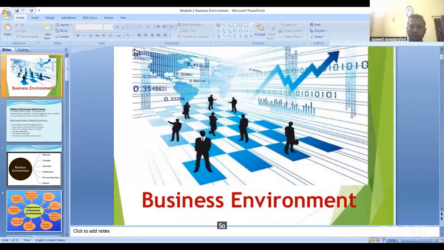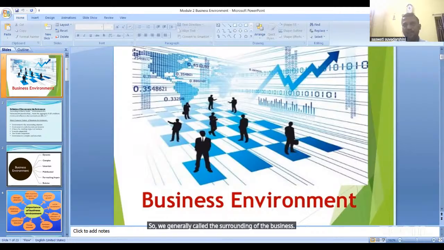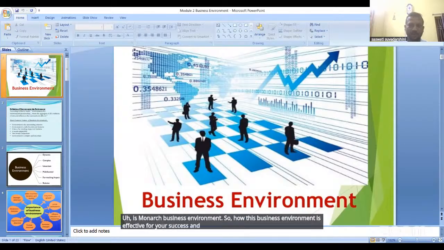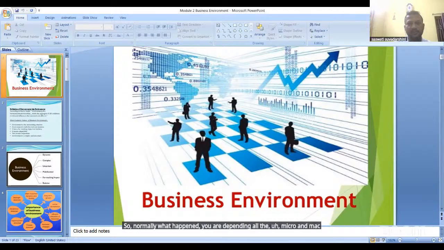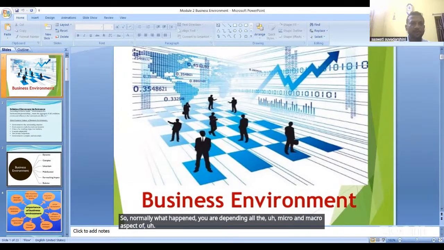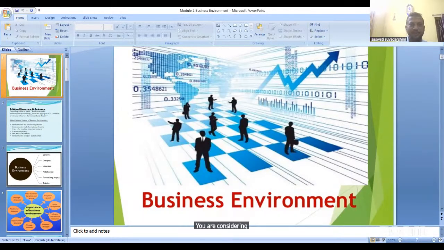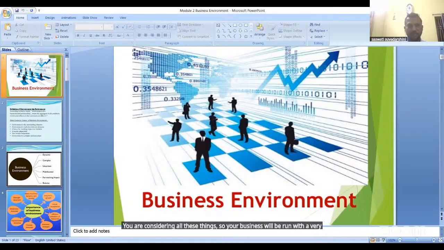We generally call the surrounding of the business the business environment. So how is this business environment effective for the success and failure of a business? Normally, you depend on all the micro and macro aspects of entrepreneurship. If you consider all these things, your business will run in a very smooth and effective way.